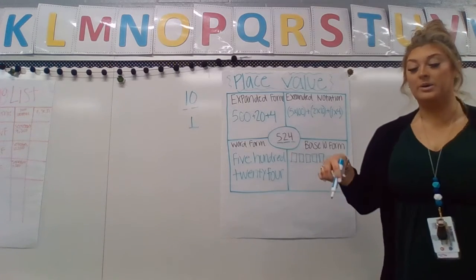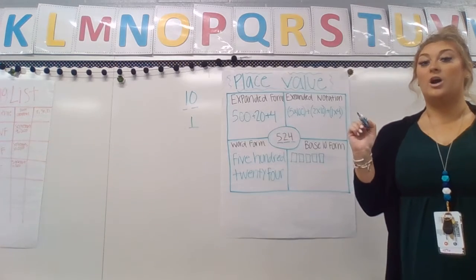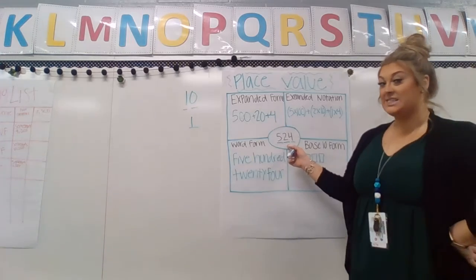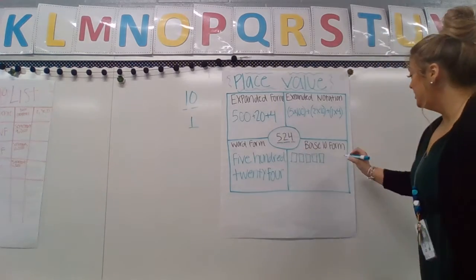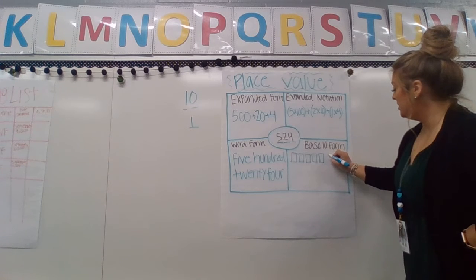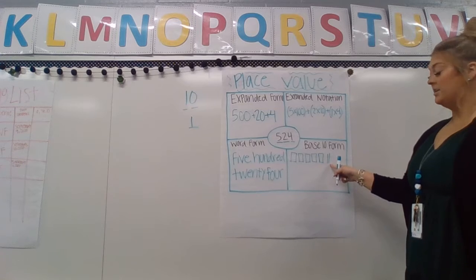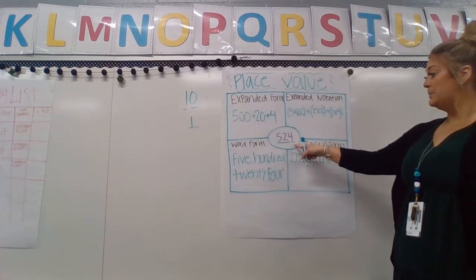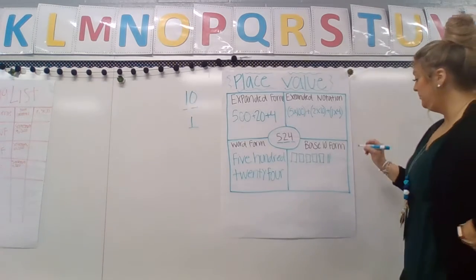And now we're going to draw a line for our tens place, which is a 2. So we're going to put 2 lines. So we have 5, 2. And then for our ones place, we're going to put 4 dots.